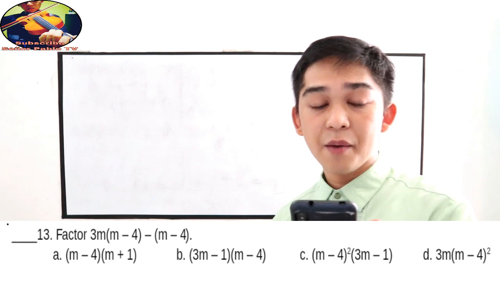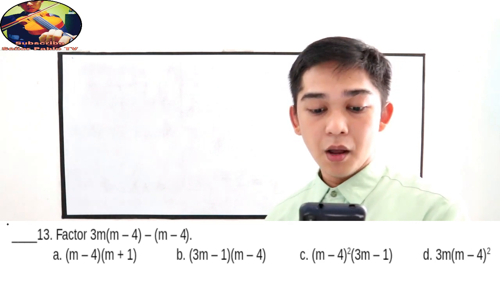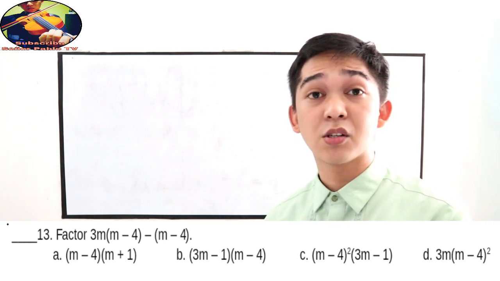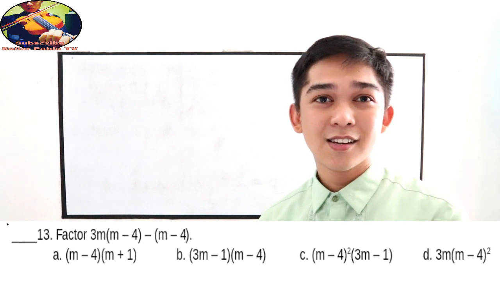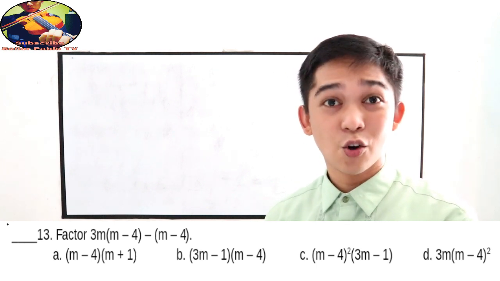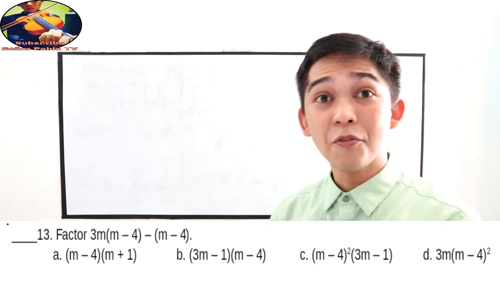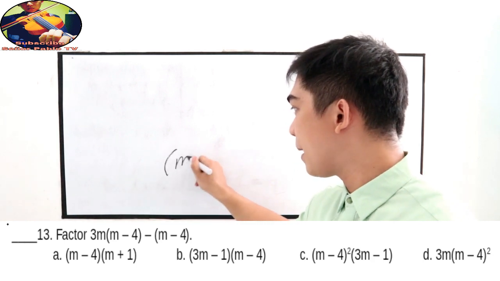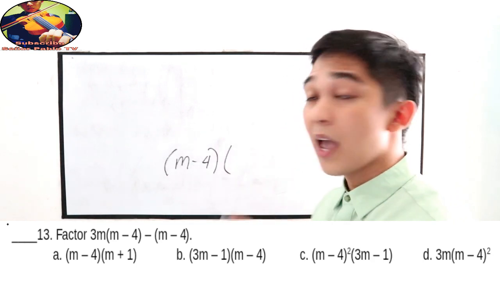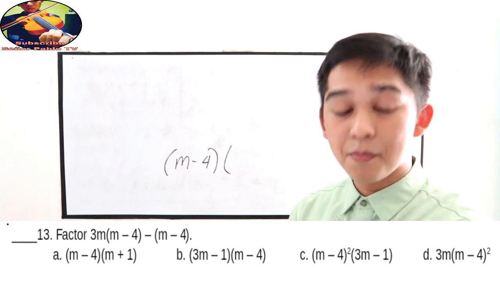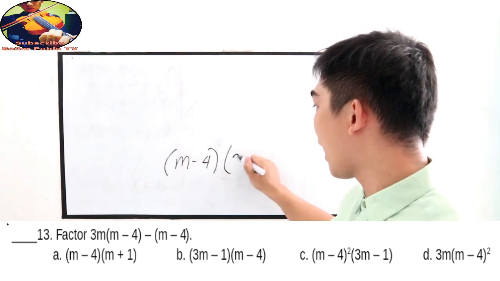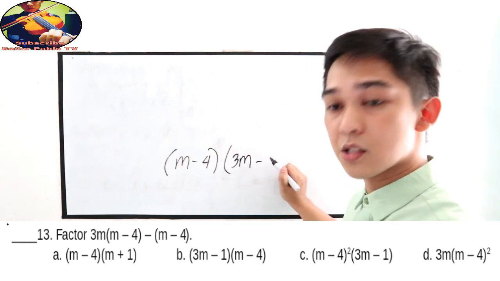Next, number 13. Factor 3m quantity m minus 4 minus quantity m minus 4. So, this is factoring by grouping. So, copyhin lang natin yung common factor na m minus 4 and yung mga nasa labas ng expression. 3m minus 1.